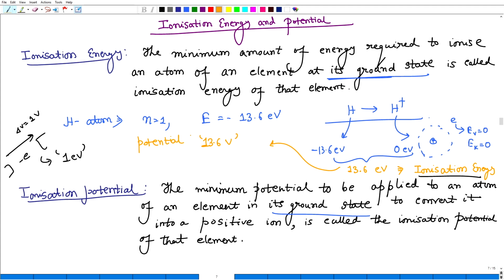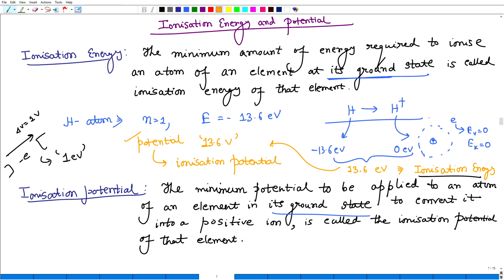Then the electron will gain 13.6 electron volt of energy, and using that energy it can be kicked out from the hydrogen atom. So this potential required is the ionization potential for the hydrogen atom. It's actually the same thing. So the ionization energy is 13.6 electron volt, and the ionization potential is 13.6 volt.